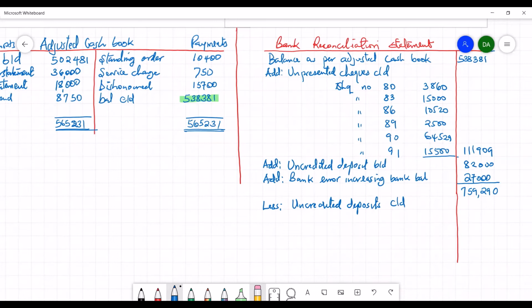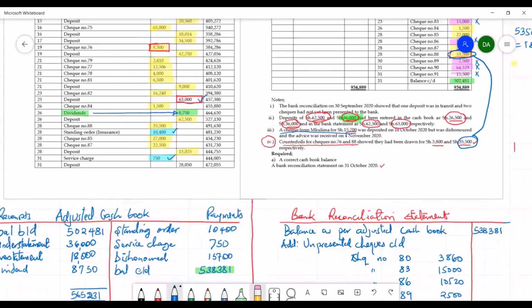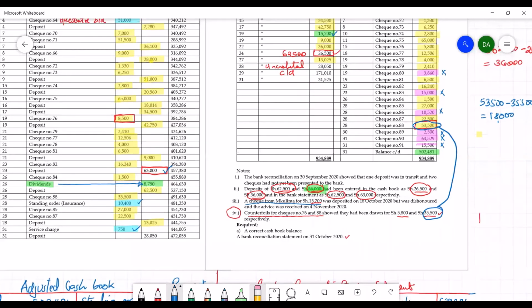If you check at the end of the period, the uncredited deposits that we found are deposits, as you can see here.